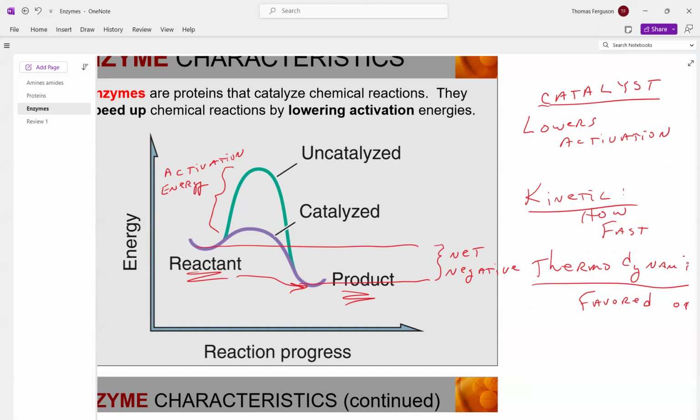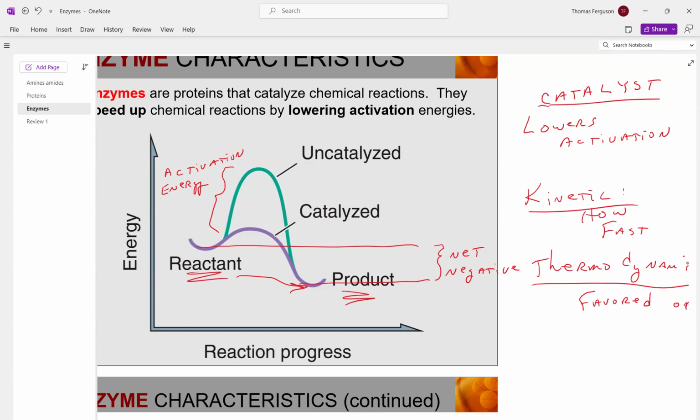From a thermodynamic perspective, this difference between the energy of the reactants, that's potential energy now, and the energy of the products has to be a net negative for it to be thermodynamically favored or spontaneous. And there's a lot of ways of measuring that.